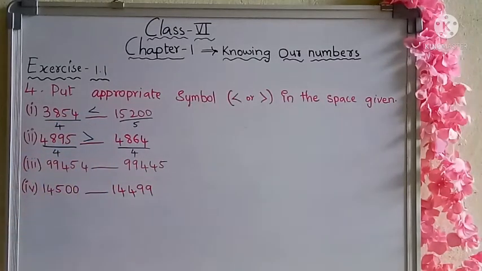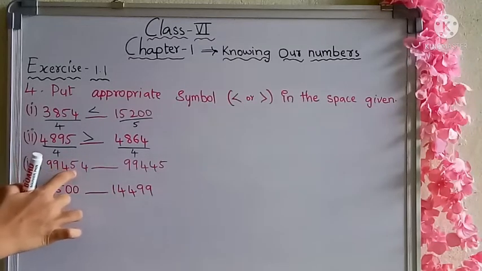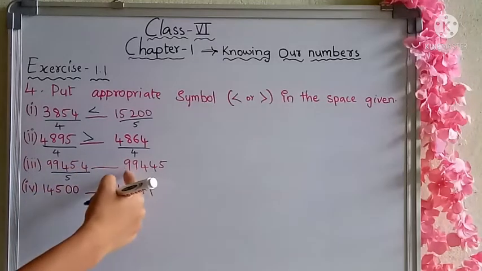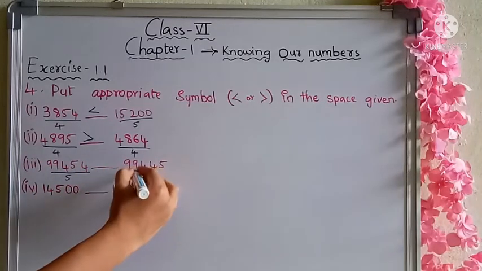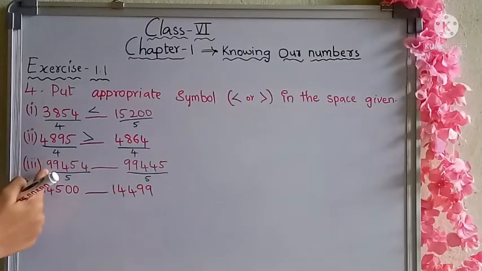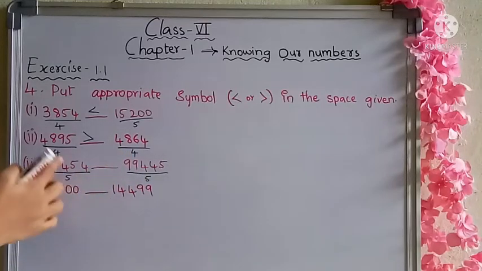Next, coming to the third one. First we have to check the digits. 1, 2, 3, 4 and 5. So even here we have 5 digits and here 1, 2, 3, 4 and 5. So here 5 digits. So now you have to check digit by digit. Here in the 10,000s place, 9 over here and 9, we cannot say.